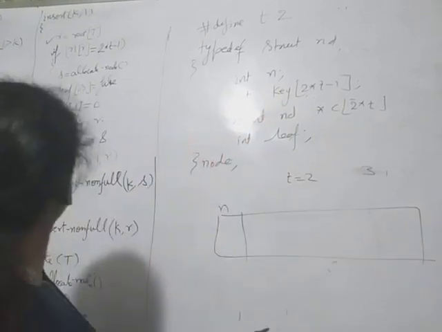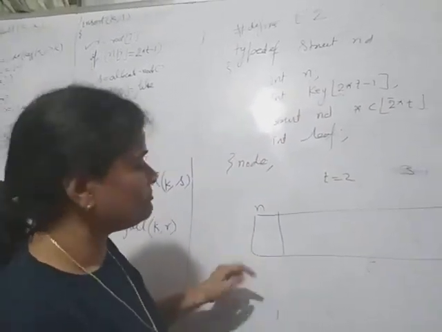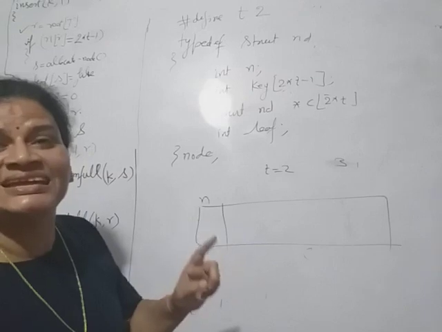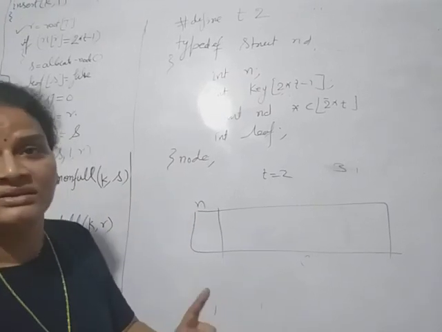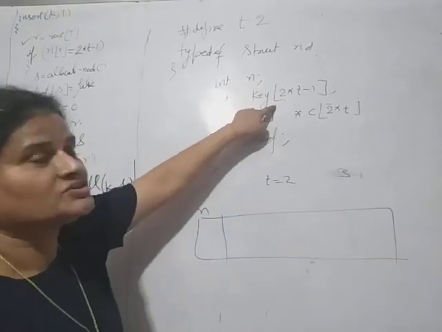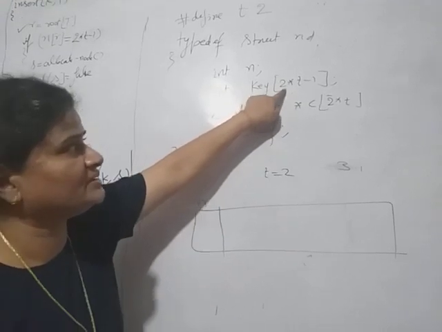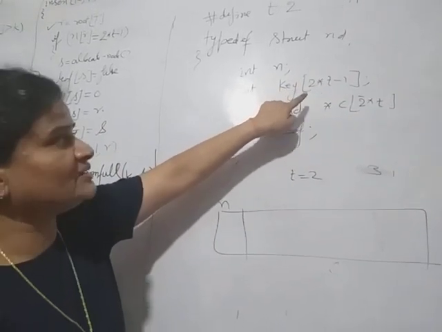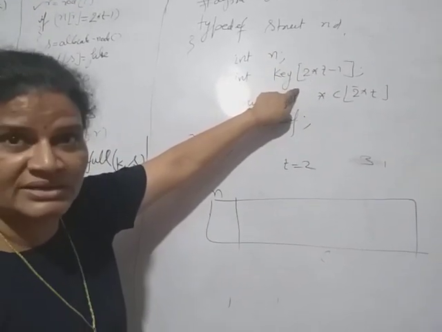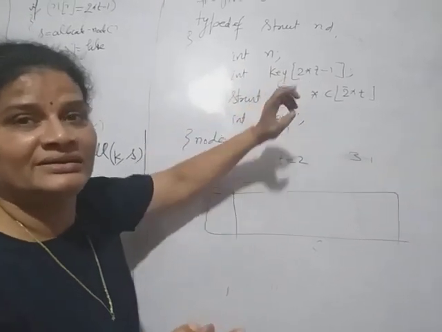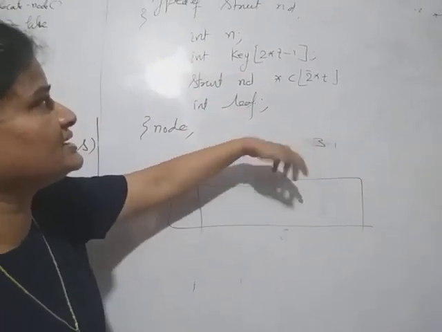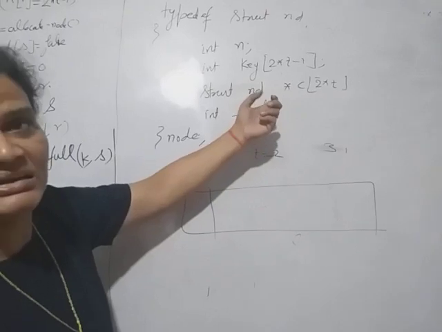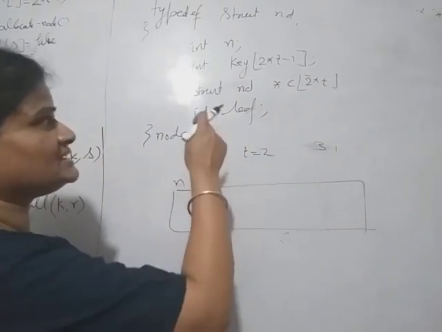I have written the whole algorithm taking the first key with index 1. Remember that there would be a null pointer problem, because I have not allocated memory for the 2t minus 1 element.